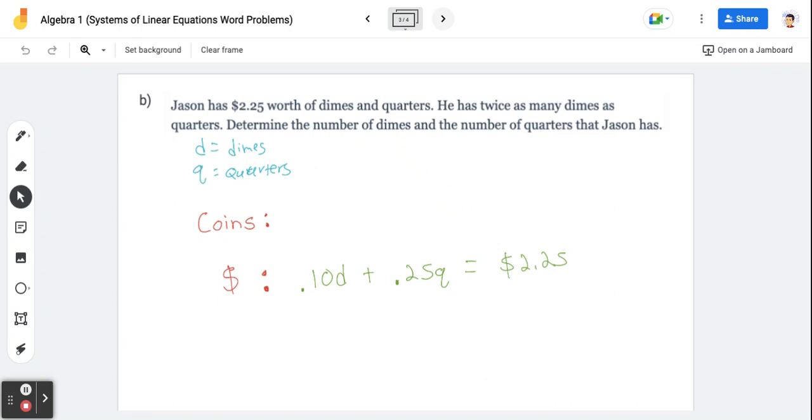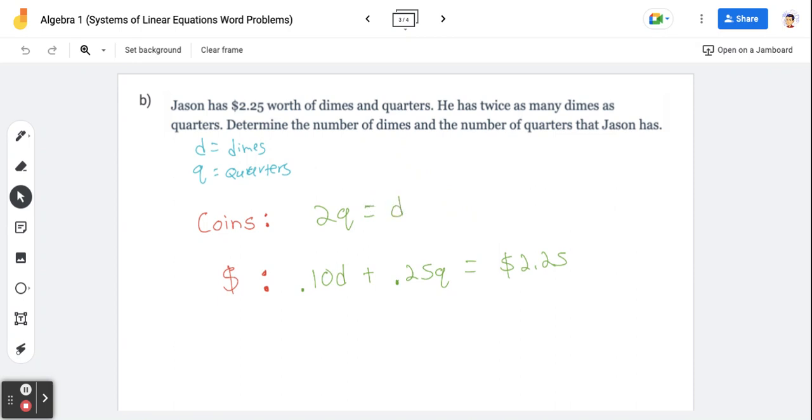If I have twice as many dimes as quarters, then if I multiply my number of quarters times 2, well, that should be equal to the number of dimes I have.